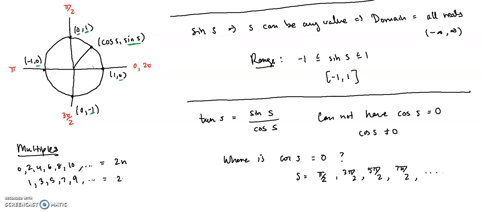So I could write this as 2n plus 1. Okay, so this is pretty standard for how we write in general an even number and an odd number. So even numbers are 2n, odd numbers are 2n plus 1. If you haven't seen that before, that's kind of a standard thing in math.